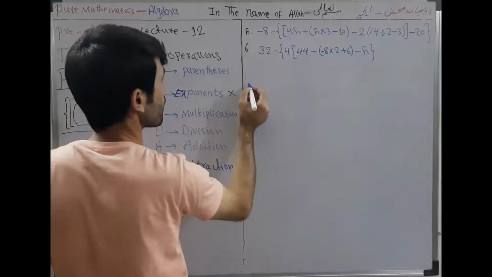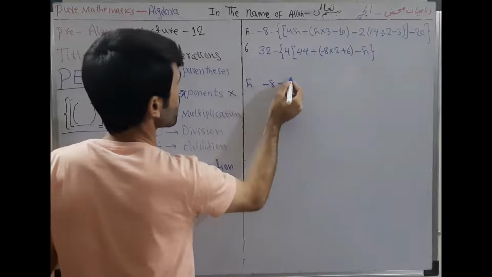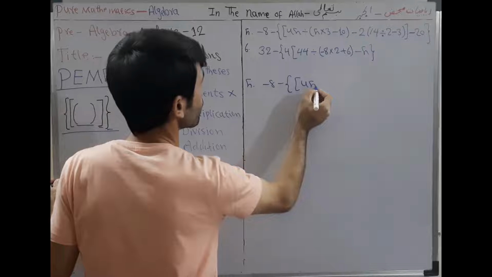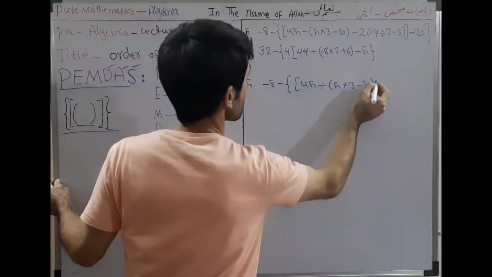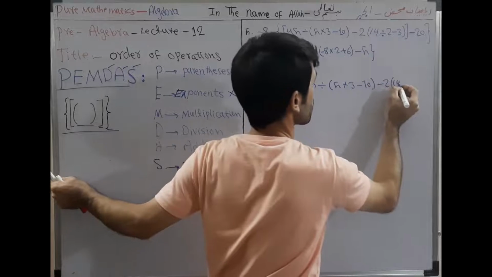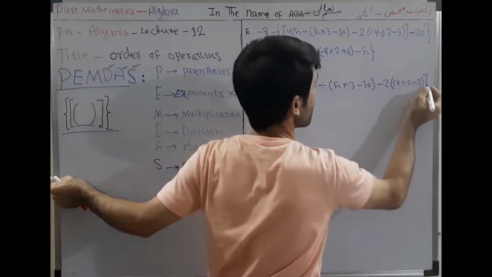Minus 8 minus the parenthesis 45 divided by 5 multiplied by 3 minus 10 minus 2 multiplied by 14 divided by 2 minus 3, close the bracket, minus 20.